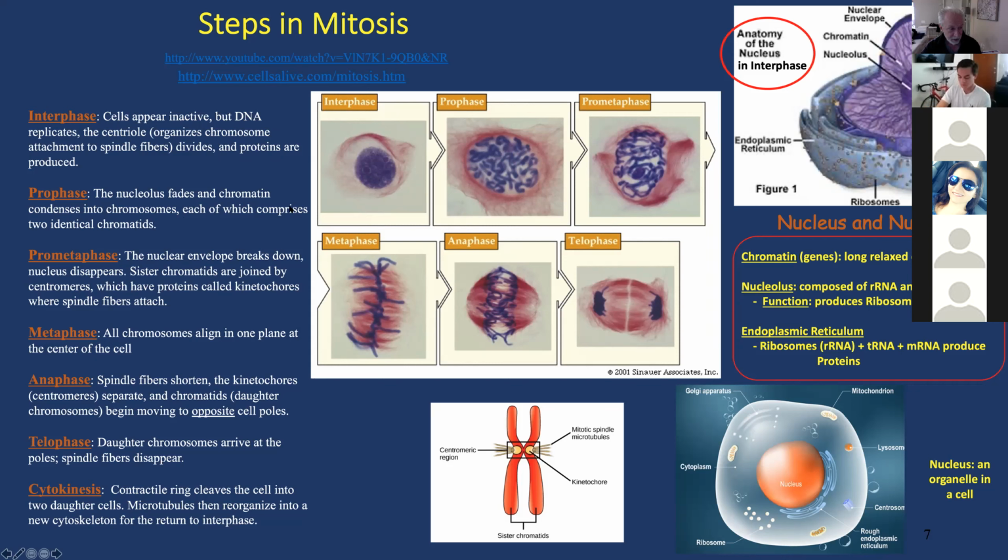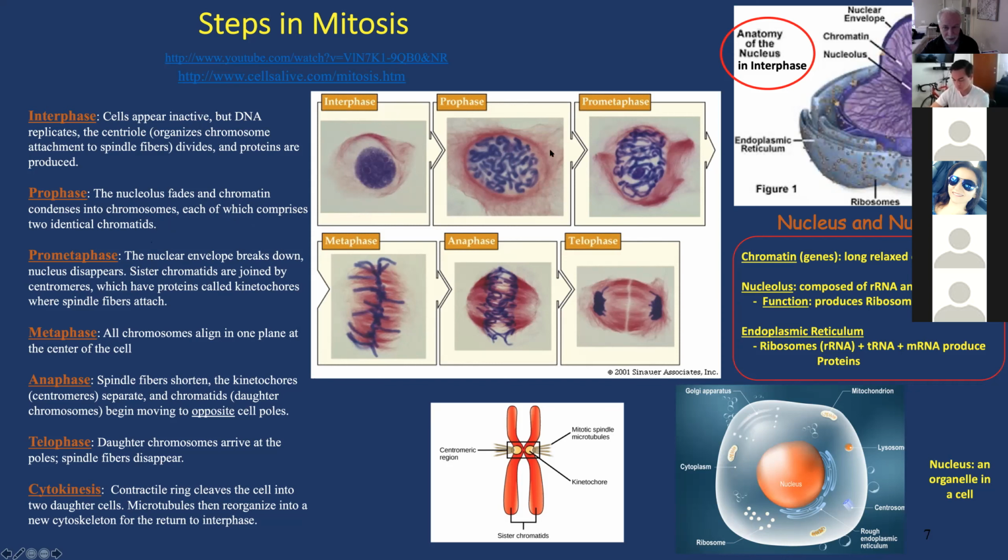Now in prophase, the nucleolus fades. We'll come back to the nucleolus in a bit. And chromatin, that too, condenses into chromosomes, each of which comprises 2 identical chromatids. So each chromosome is double.